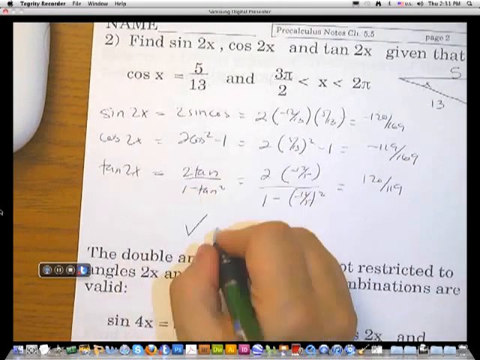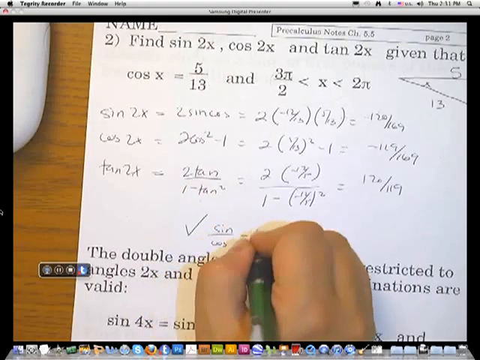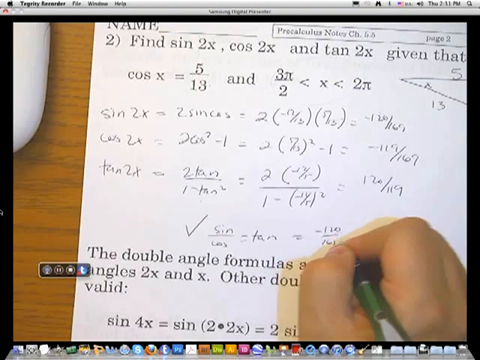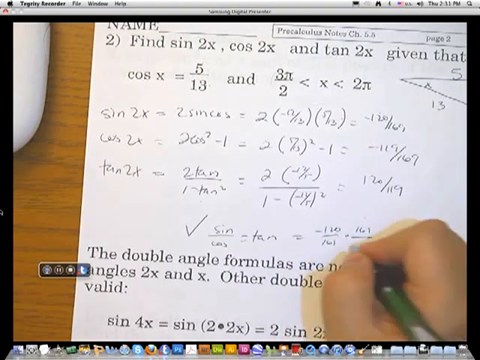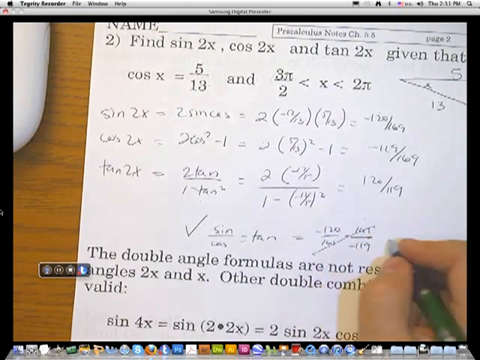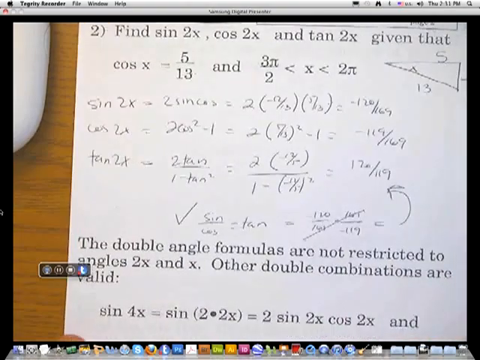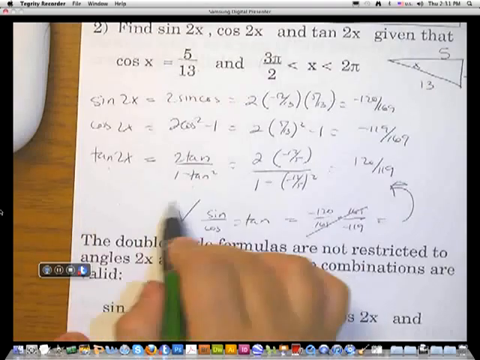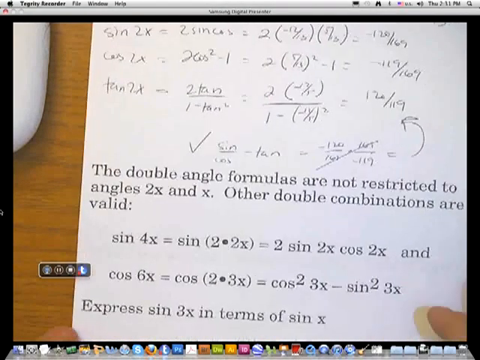And check it. If you put sine over cosine, which is tangent, -120 over 169 times 169 over -119, hey, we get the same thing. You don't have to do the formula if you know sine and cosine. I'm just showing you another way.